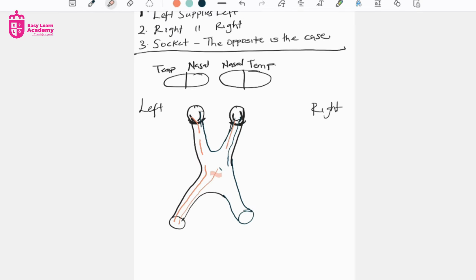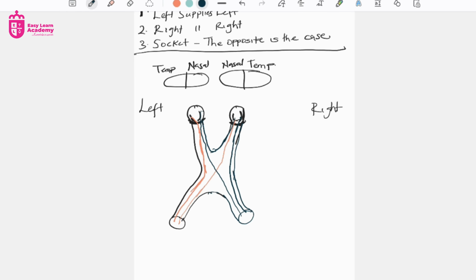Oh, that's too big, too broad. Okay, so that one stays here, and this one will go on here, and then the blue one will go on that side, and this one will go on that side.